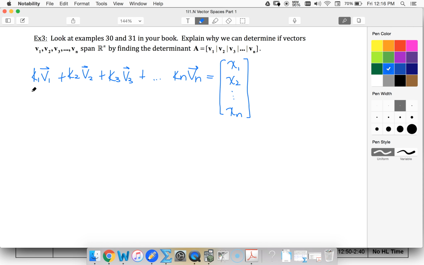So if this is true, we can find some linear combination. Well, I could rewrite this addition as a vector multiplication.